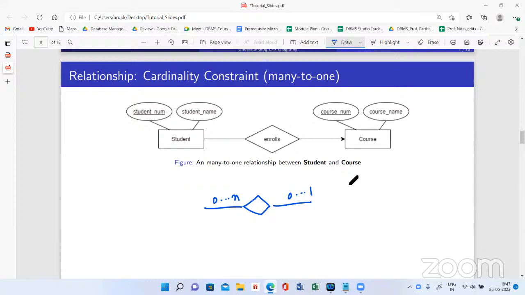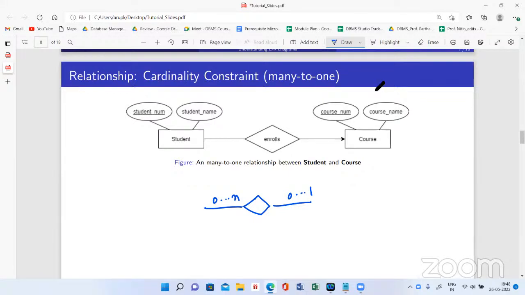There could be an enterprise where it allows taking only one course. It's just a logical scenario, not a particular case. So there can be a course where no student got enrolled, or a course having hundreds of students. But in this particular case, a student can opt for at most one course.